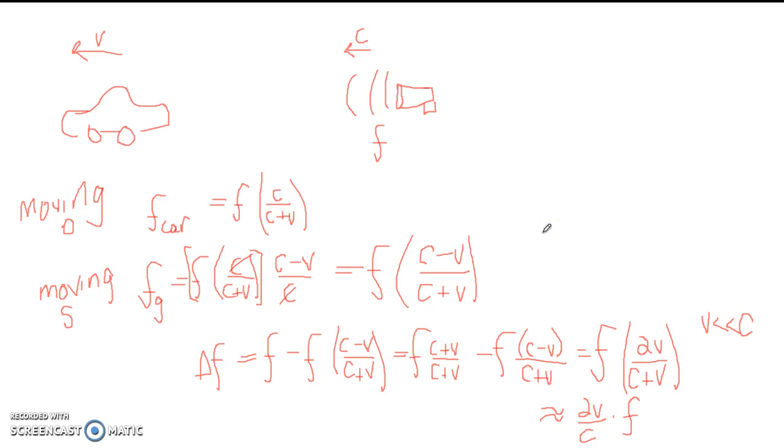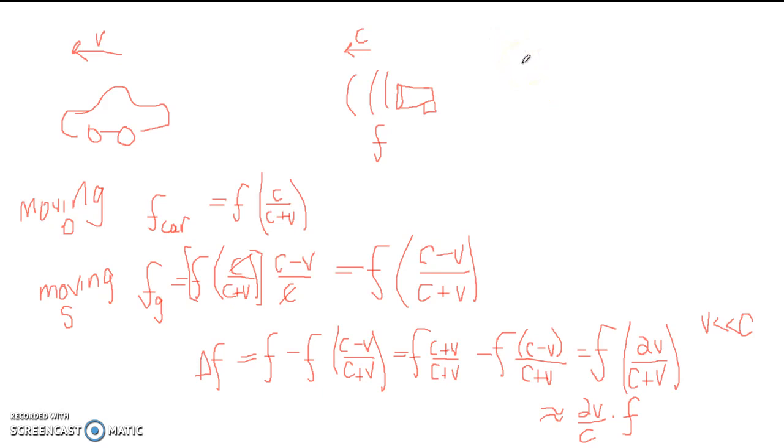So the specific question that Walden brought up, and that I think also Sahil had as well. The frequency as detected by the gun is then F minus 2v over c times F, because it's going to be a shift downward.